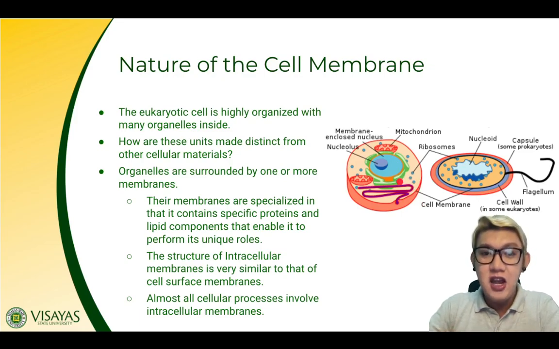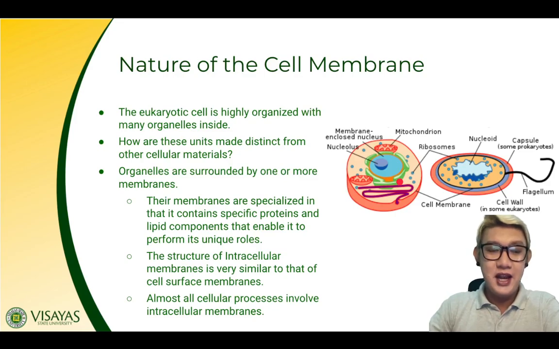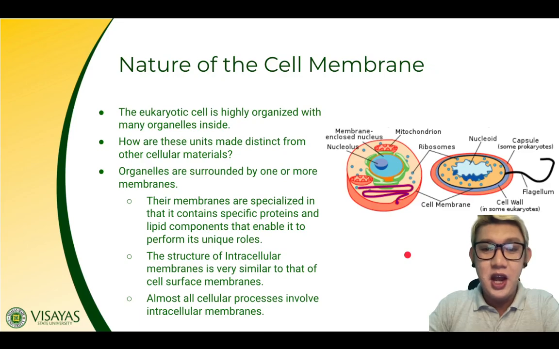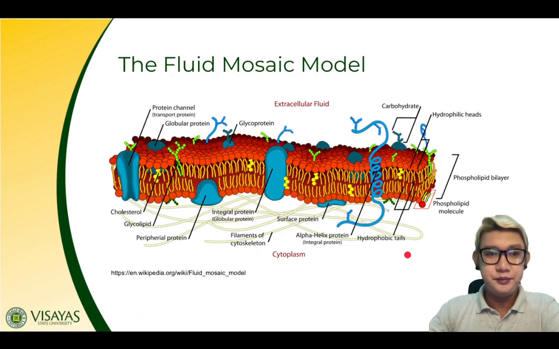These membranes are specialized in that they contain specific proteins and lipid components that enable them to perform their unique roles. The structure of intracellular membranes is very similar to that of cell surface membranes, and almost all cellular processes involve intracellular membranes.